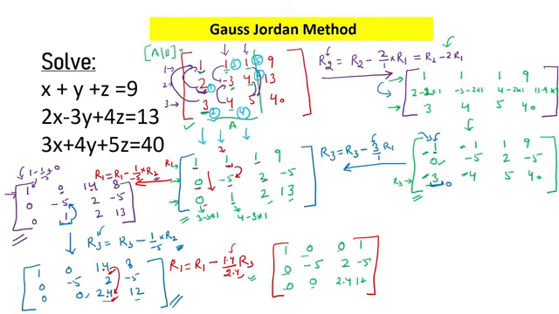And now I have to make this 2.4 as 0 using this 2. So now I have to make this 2 as 0 also using this row number 3. This will be my last row transformation and I will write row 2 equal to row 2 minus 2 upon 2.4 into row number 3.